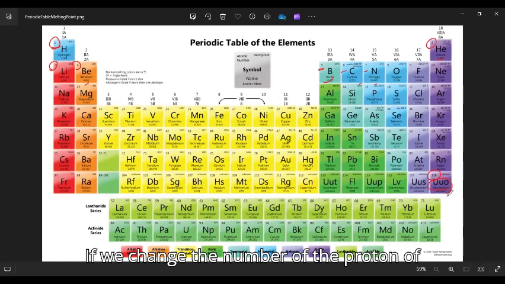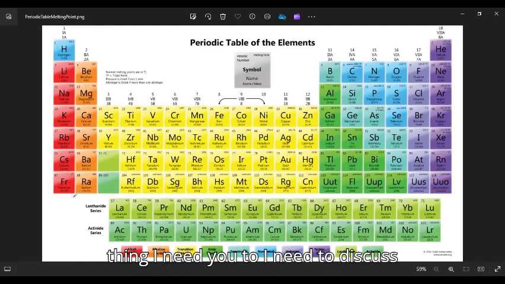If we change the number of protons of any element, we change the identity of the element itself. So all of those elements are arranged based on the number of protons, or we can say the atomic number. Very well.